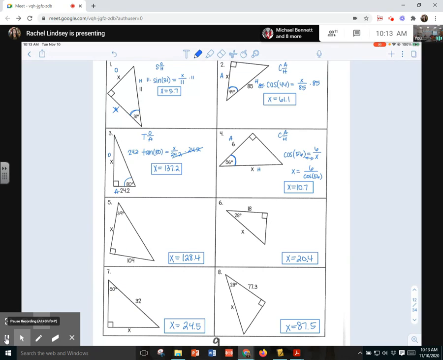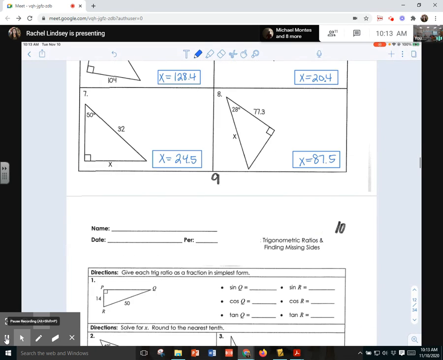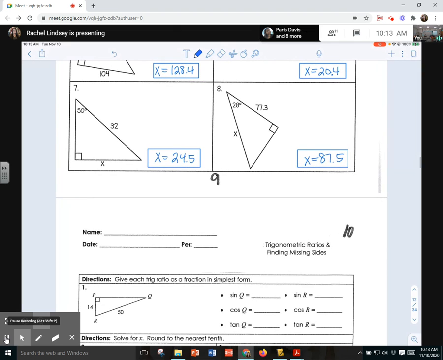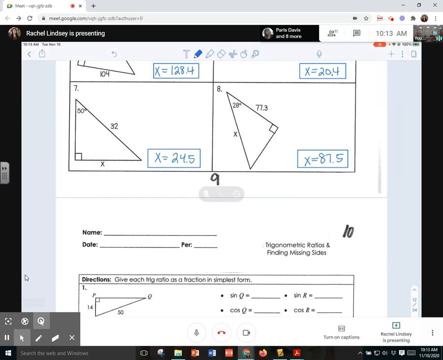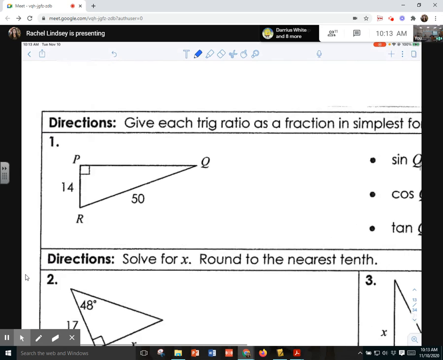So on number 1 on page 10, it gives you that triangle and it wants you to find the ratios with that triangle. In order to do that though, you have to have all three sides. I'm missing a side. I'm missing side PQ. If I'm missing a side on a right triangle, I can use the Pythagorean theorem to solve for that side.